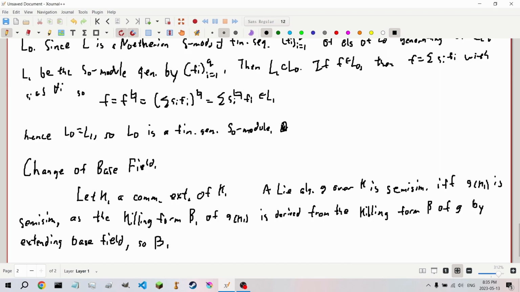Beta 1 is non-degenerate if and only if beta is.